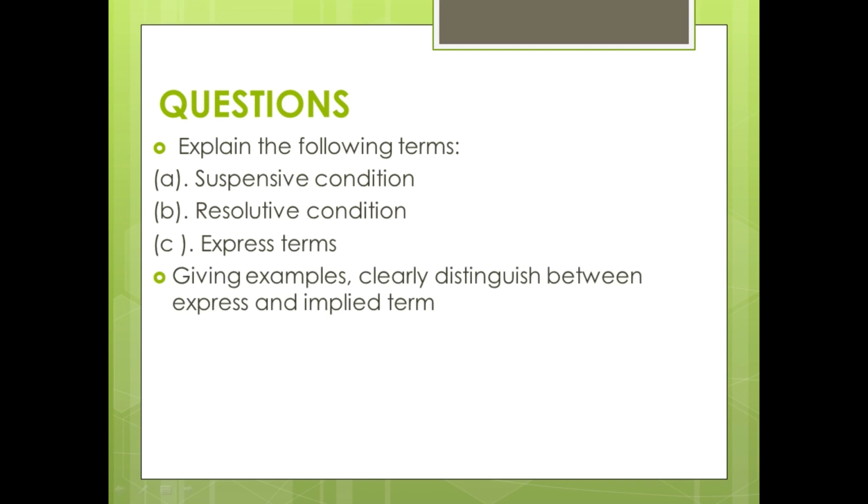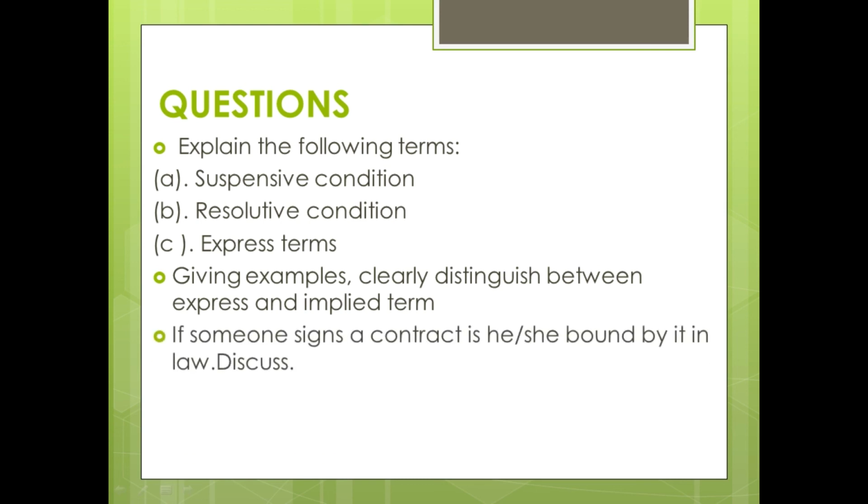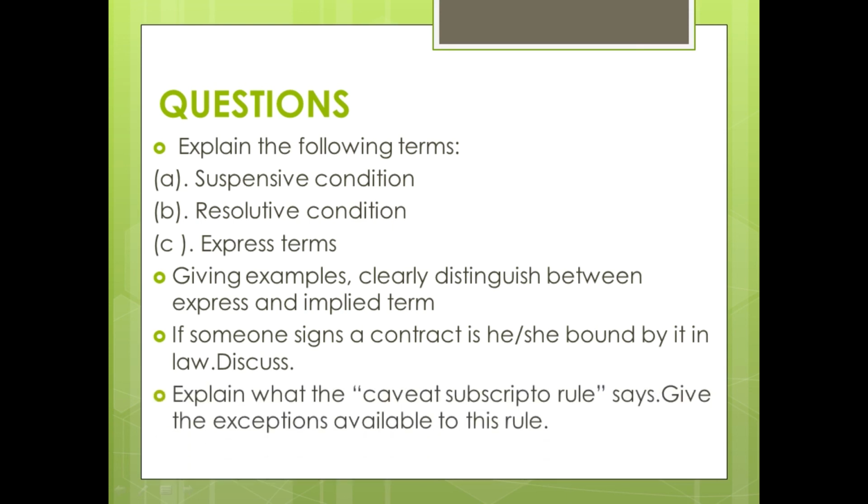Give examples and clearly distinguish between express and implied terms. If someone signs a contract, is he or she bound by it in law? Discuss. Explain what the caveat subscripto rule says. Give the exceptions available to this rule. Those are the questions I had for you.